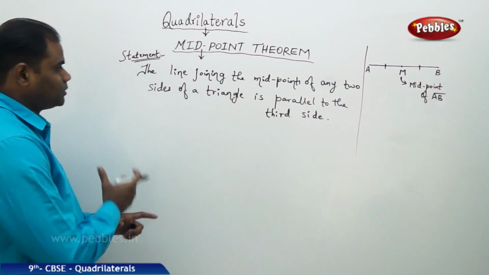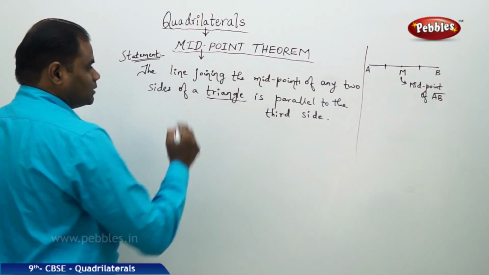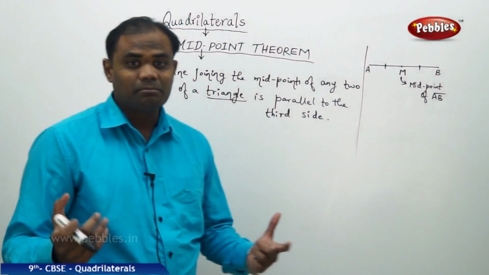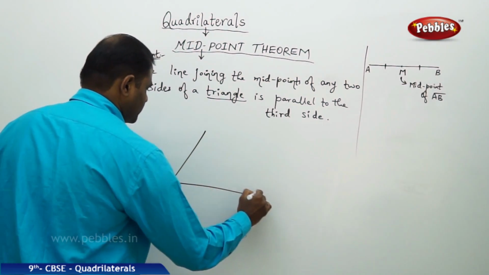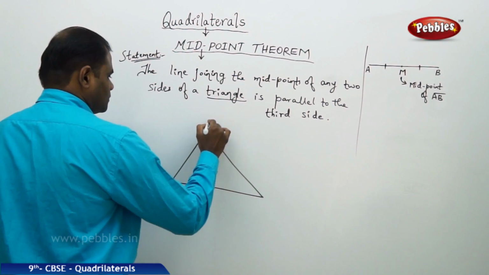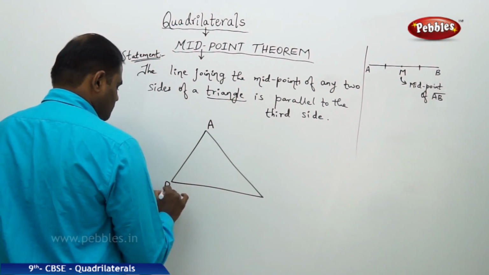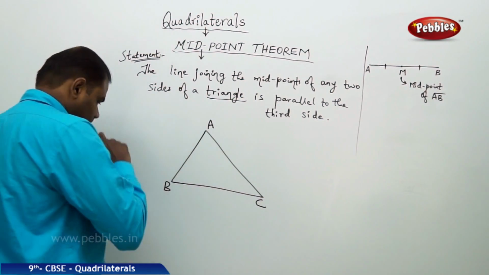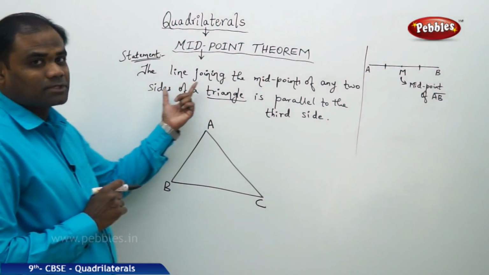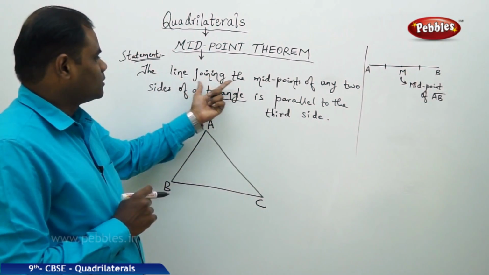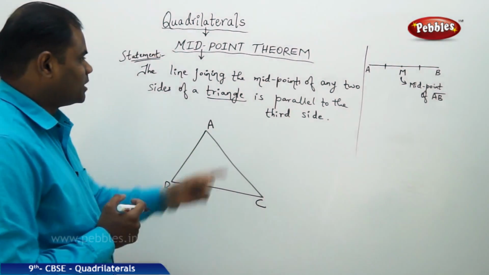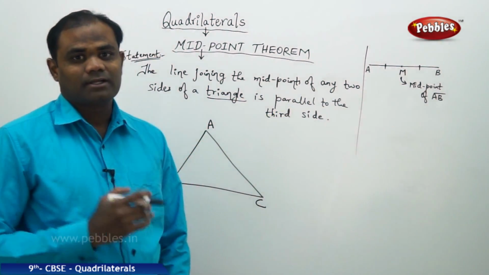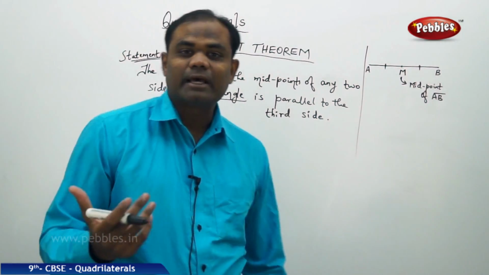Now this whole theorem is related to a triangle. So let me take a triangle ABC. The theorem says the line joining the midpoints of any two sides of a triangle. So let me take the midpoints of any two sides and then connect them so that I get a line.